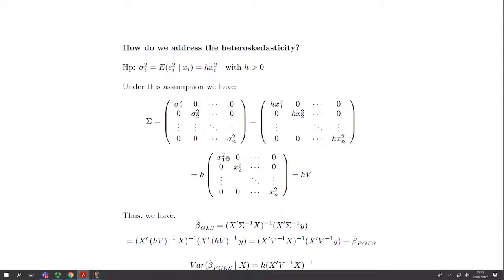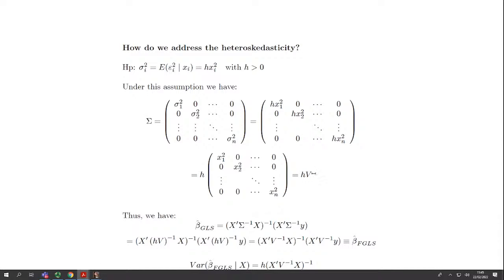Just to simplify, let me call this big matrix capital V. So the big sigma became the scalar h times the capital V matrix.